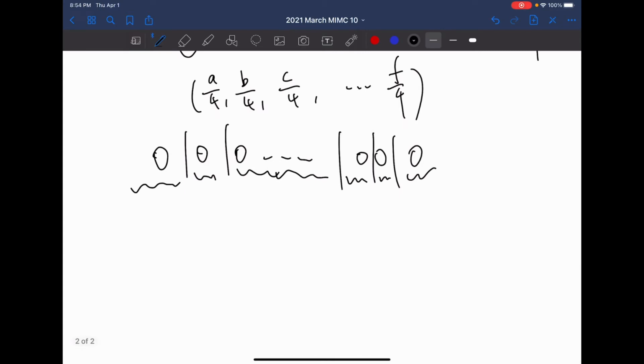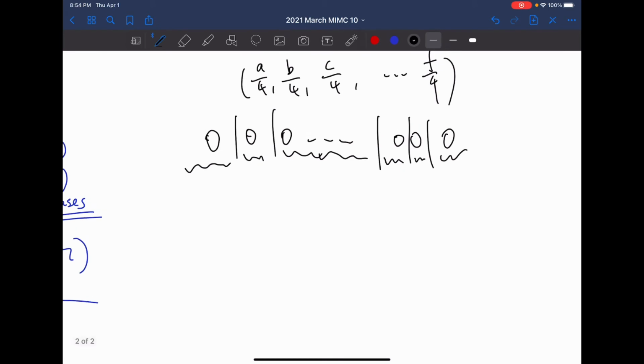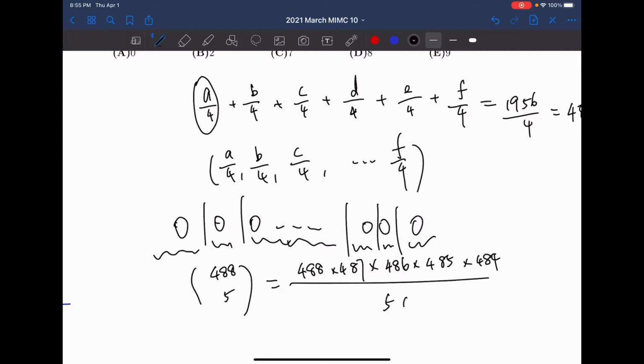So the total amount would simply be 488 choose 5, because we need 5 bars to separate 6 elements. So that will be 488 times 487 times 486 times 485 times 484 over 5 factorial.